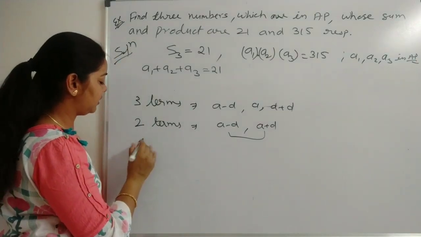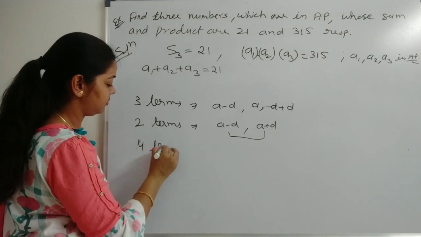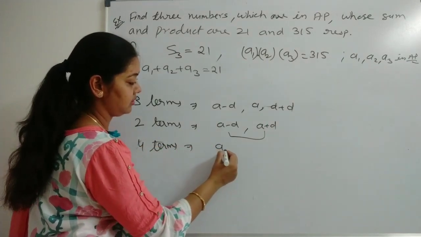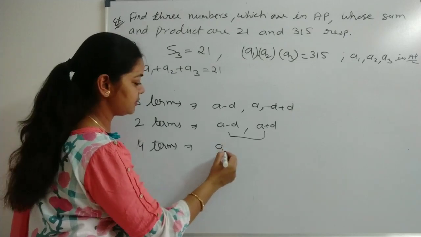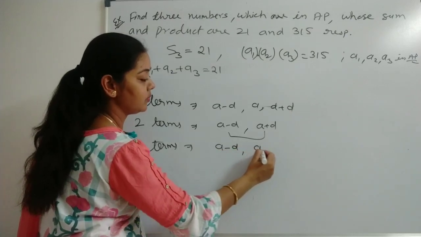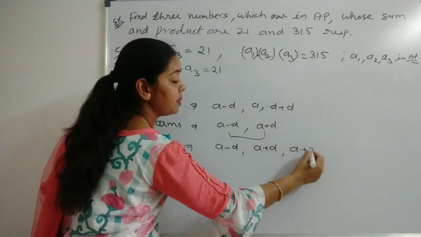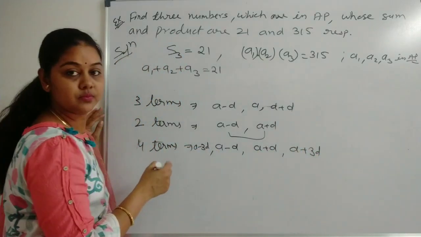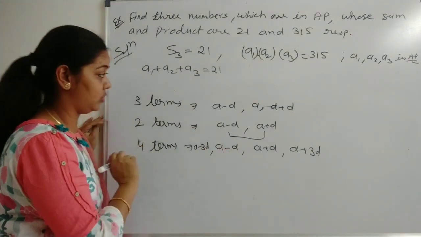And if we need four terms, we will simply take A minus 3D, A minus D, A plus D and A plus 3D. The common difference will be 2D.